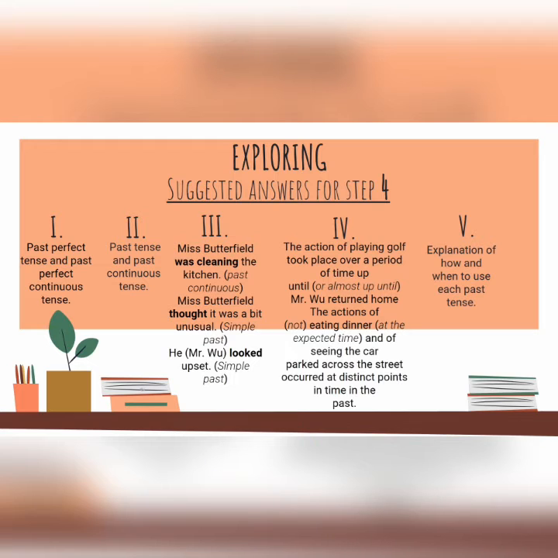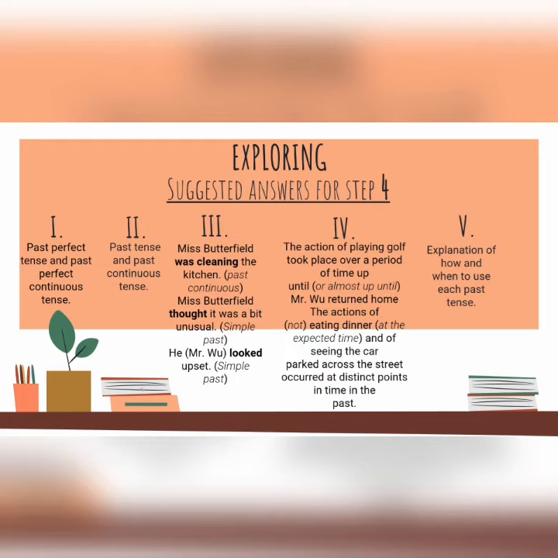The clause about thoughts or feelings is Miss Butterfield thought it was a bit unusual, in the simple past tense. And the clause about what someone or something is like is he, Mr. Wu, looked upset, in the simple past tense.